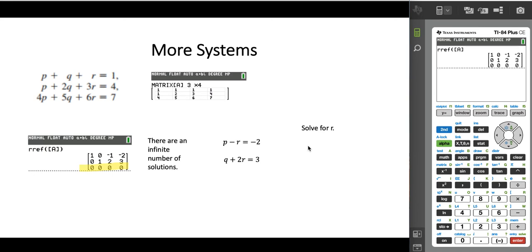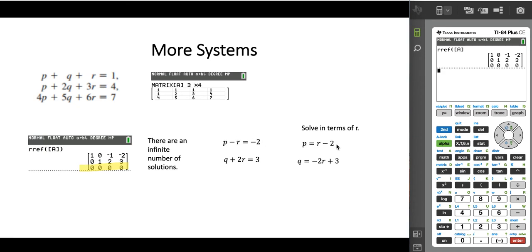Now what we're going to do is solve each of those for R, or you could think of it as the variable that is farthest to the right in the alphabet. So the farthest in the alphabet is R. So we're going to solve those in terms of R. Okay, I said solve for R, but I should have said solve in terms of R. So we're going to have P in terms of R and Q in terms of R. So when I do that, I'm just simply adding R to the other side.